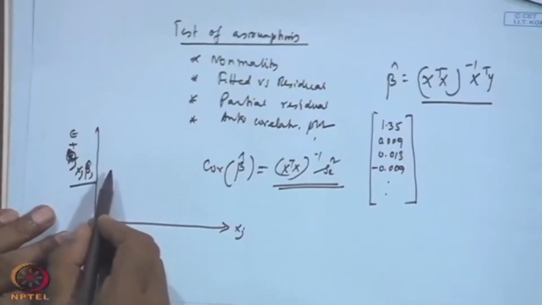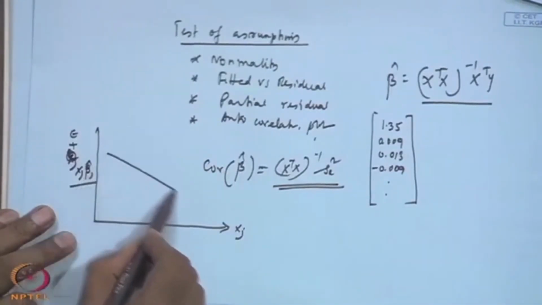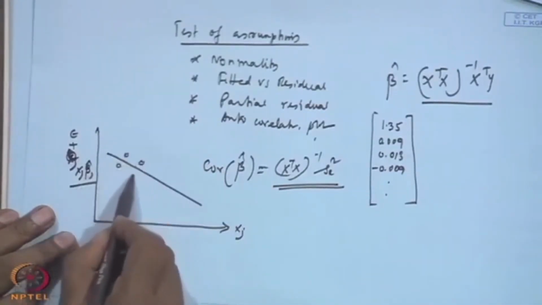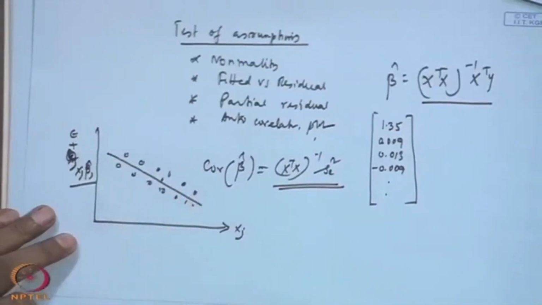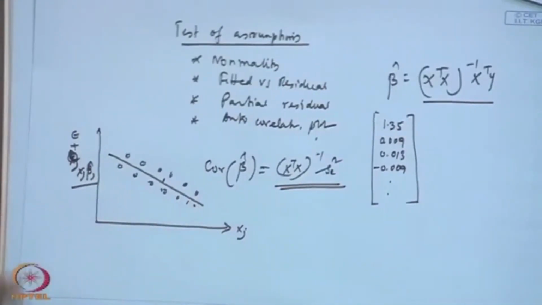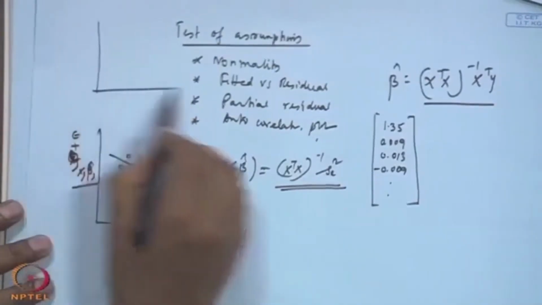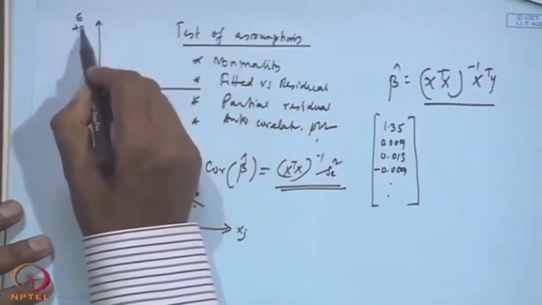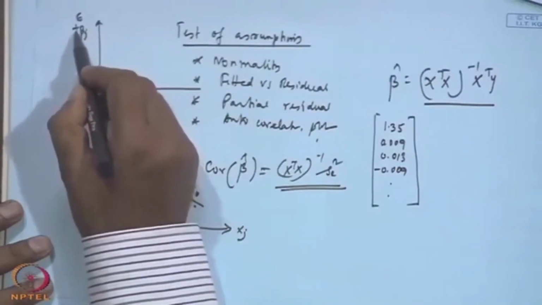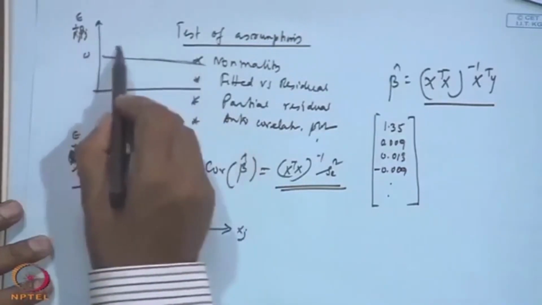As speed is having negative effect, see the plot is like this. This is the partial plot. When there is no effect, you will find it like this. Suppose there is one variable, epsilon plus beta j xj, then the mean will be 0, and it will be like this.